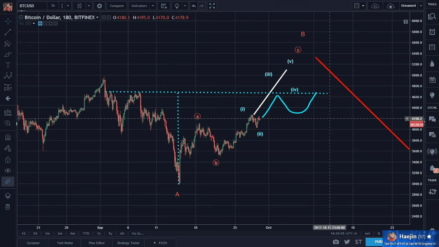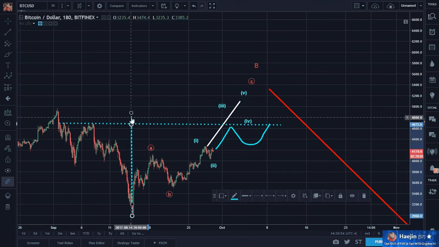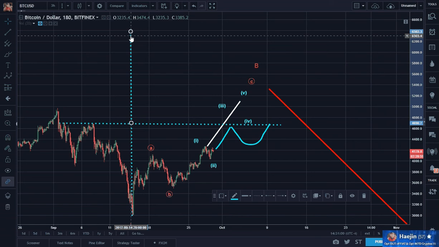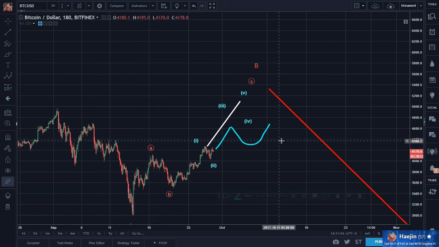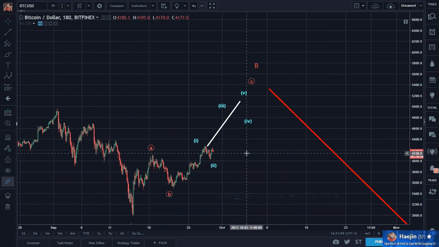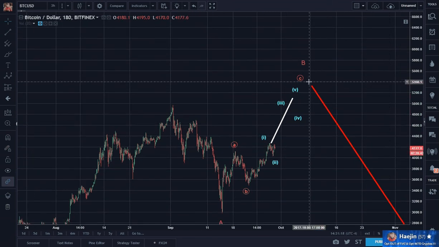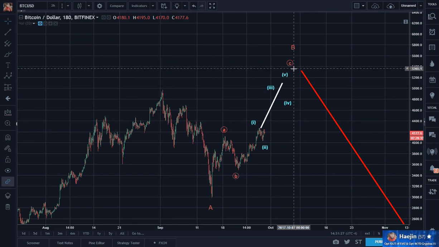And the minimum target on this, $6,400. Okay. And I have it currently pegged at 53, somewhere in that range.